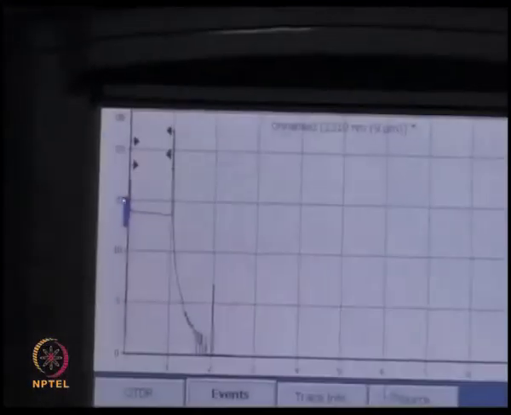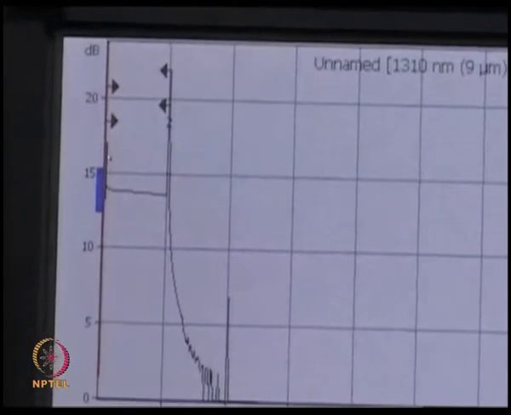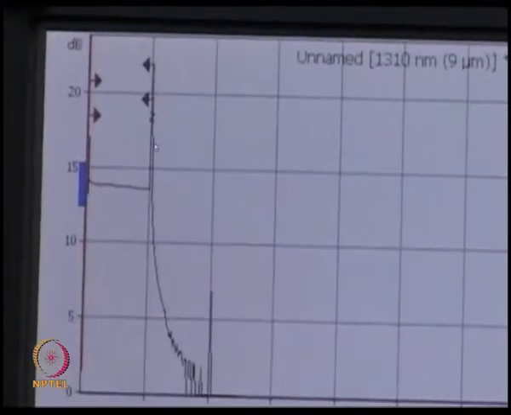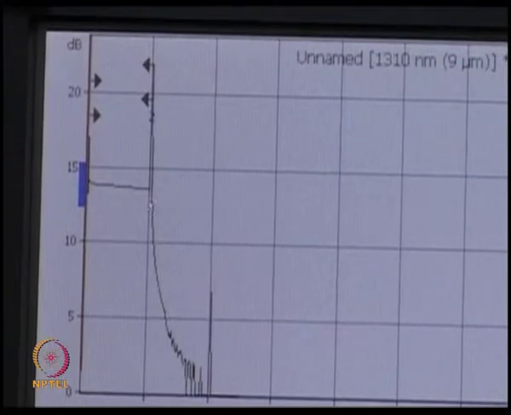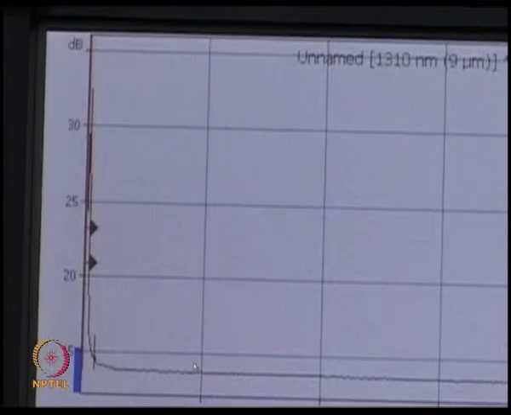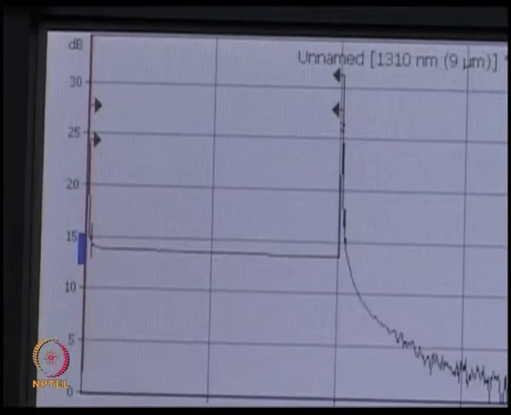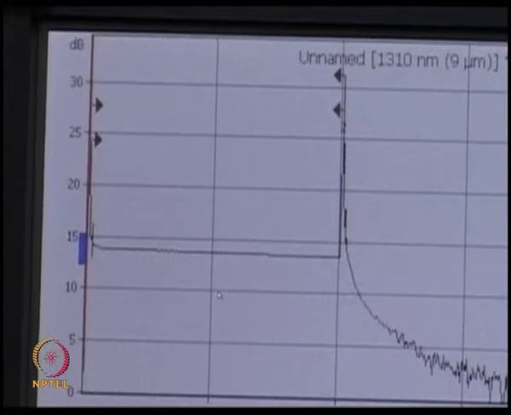So you see something interesting here. You are seeing a sharp peak at this location, there is another peak at this location, and then the signal drops rapidly. This is the enlarged version of the trace.